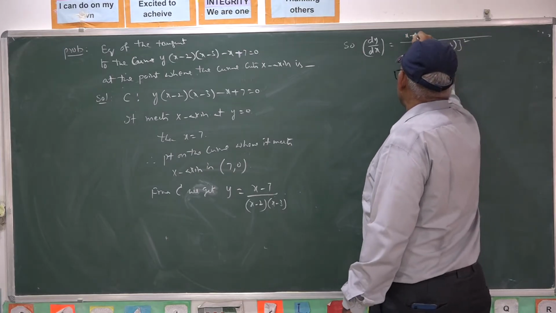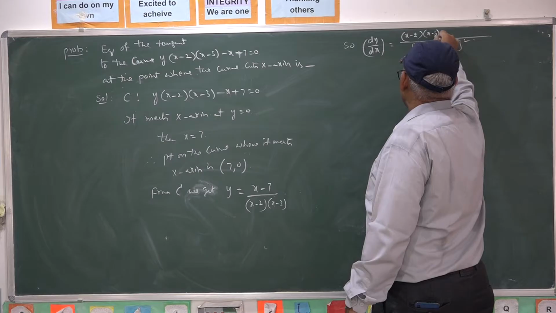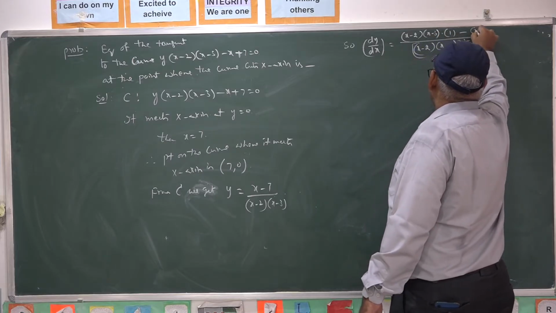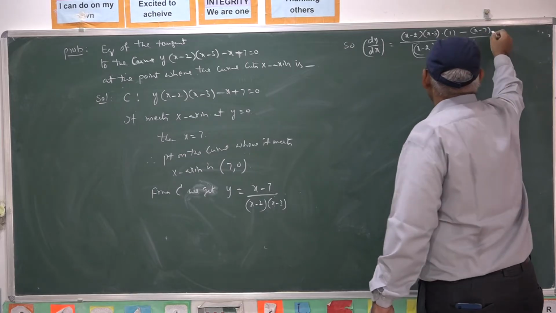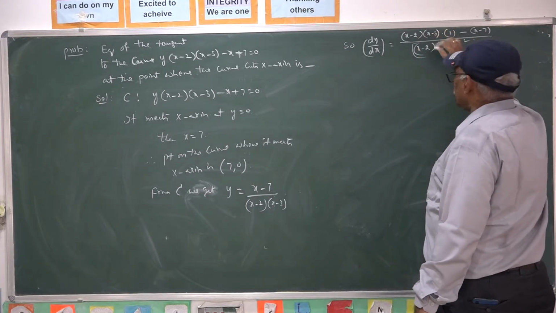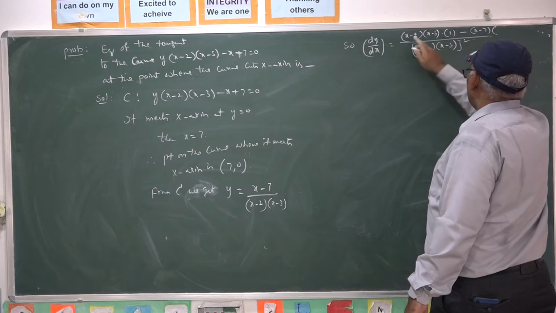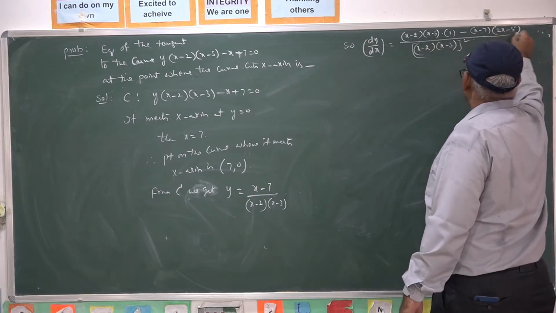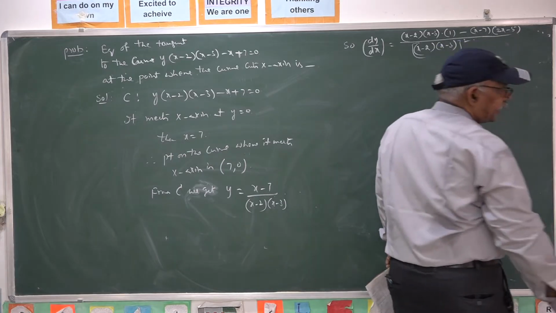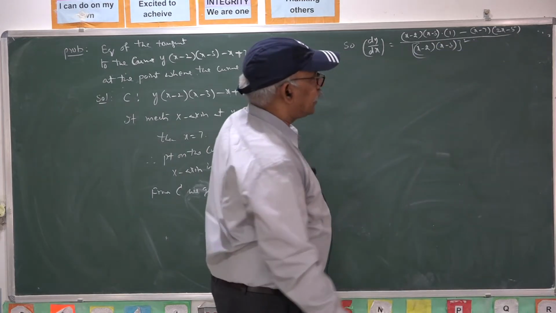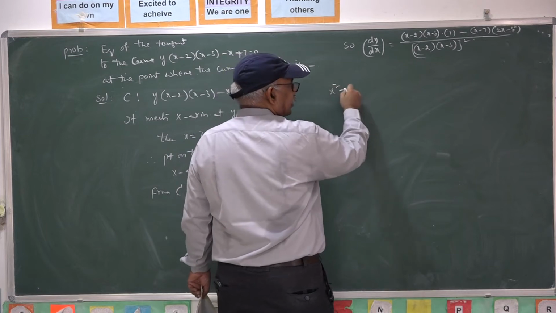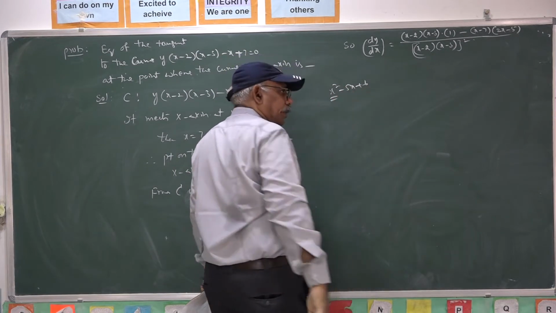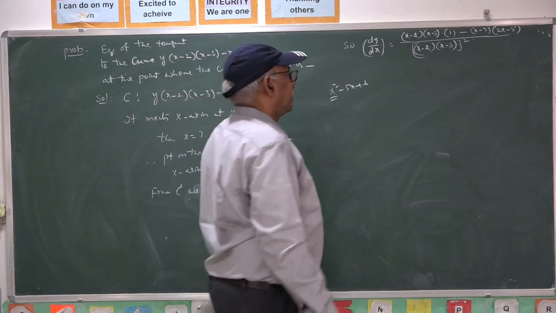That is, x square minus 5x plus 6, whose derivative is 2x minus 5.